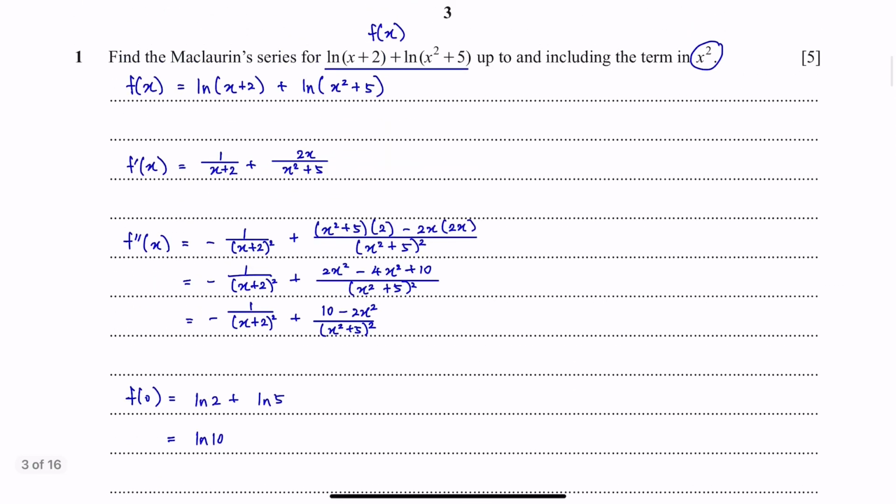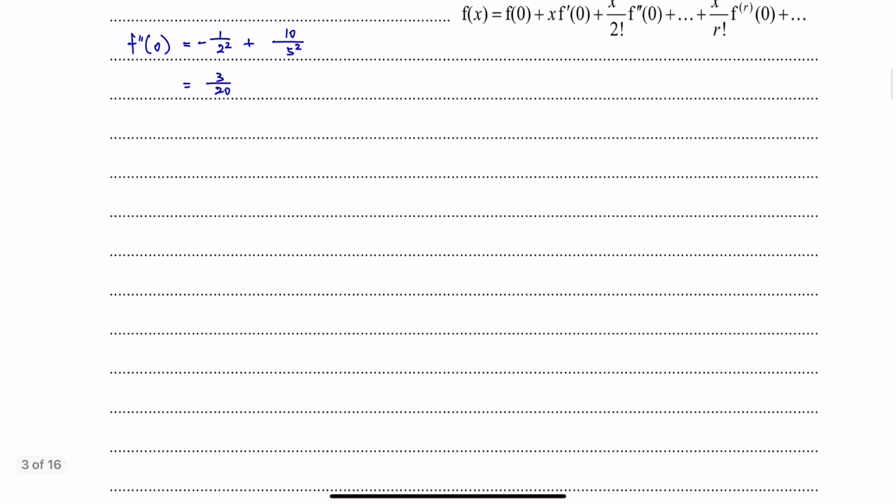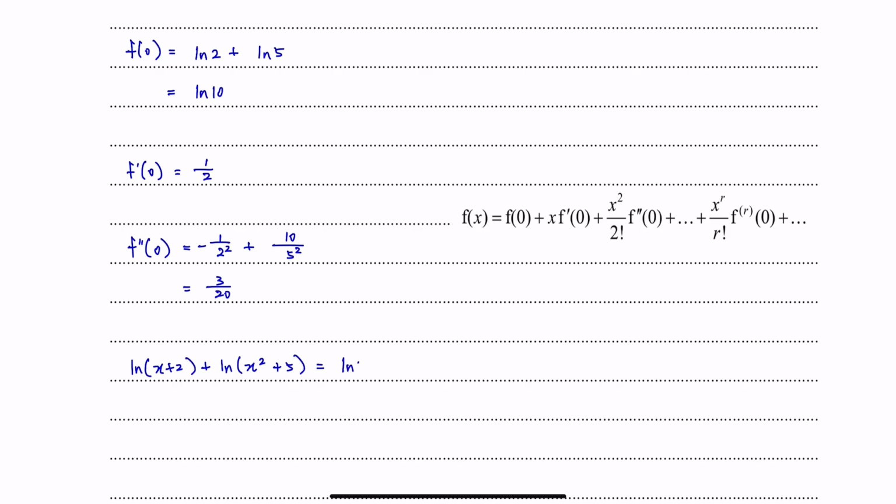So we can write ln(x plus 2) plus ln(x squared plus 5) as ln 10 plus x times half plus x squared over 2 factorial times 3 over 20.